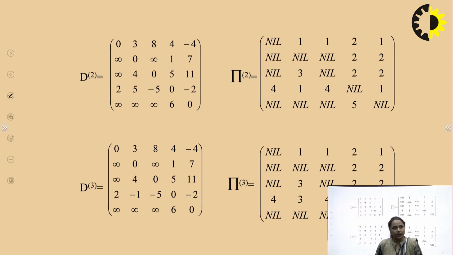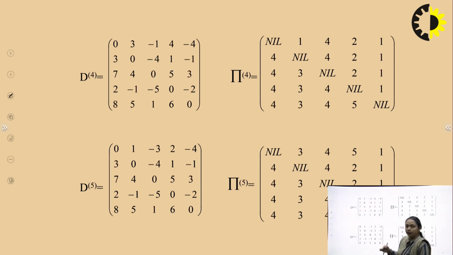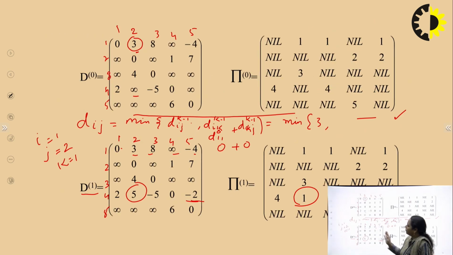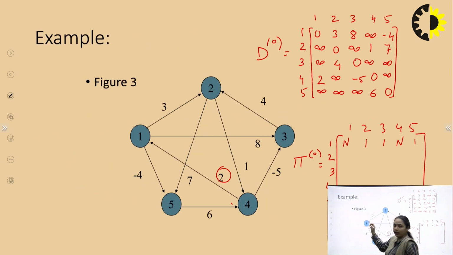In a similar way, we will calculate D2 and D3. The concept will remain the same, but a single thing changes as we calculate the further matrices till D5. While calculating D1, we included only node 1. When calculating D2, we will include nodes 1 and 2. For D3, we will include nodes 1, 2, 3. For D4, we will include 1, 2, 3, 4.